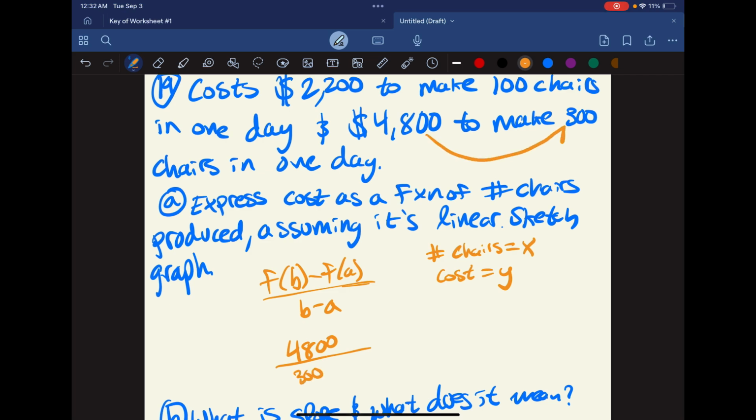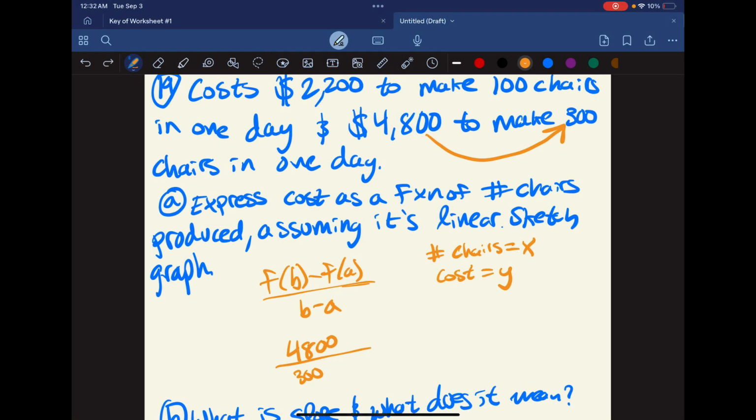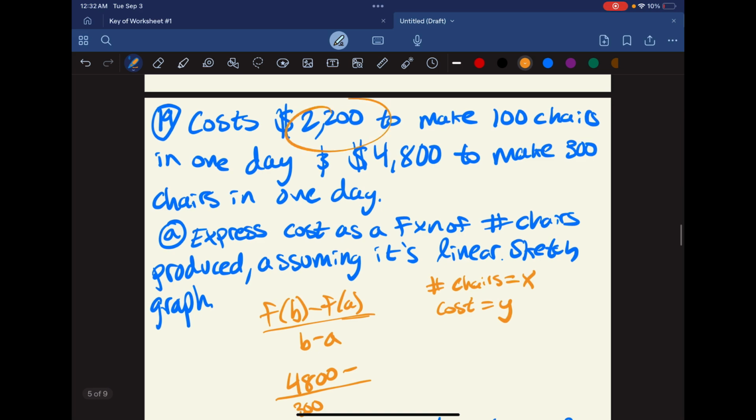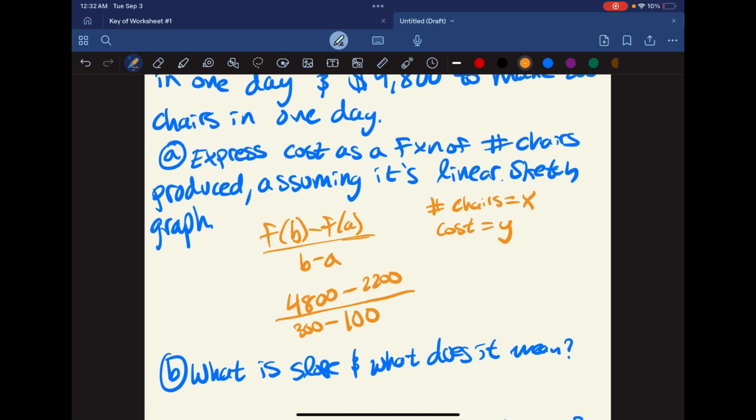So we're just linking these two numbers together. One of them's our x, one of them's our y. And then we're doing the same thing for the 2,200, that's our f of a, and that would make the 100 our a.